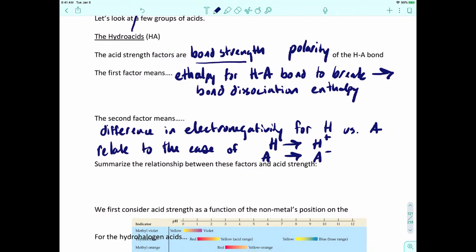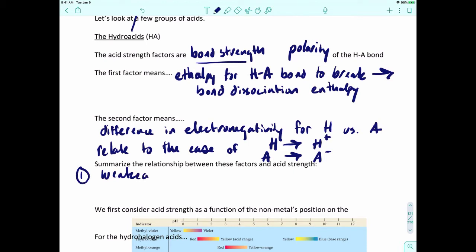So if we're going to summarize the relationship between these factors and acid strength, so talking about bond strength, polarity, and then relating this all back to acid strength, here's what we're talking about. There are two ideas.